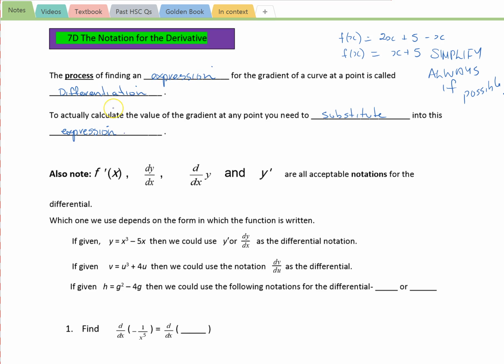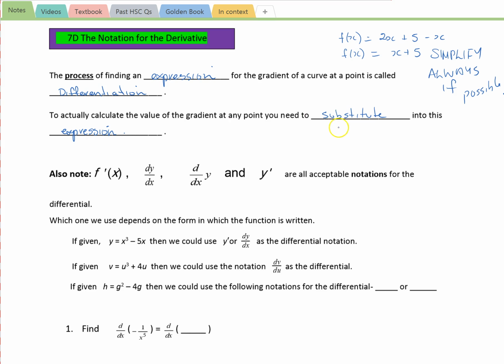And just summarising what we've done so far, the process for finding an expression for the gradient at a point on a curve is called differentiation. To actually calculate the value of the gradient, now they're two different things. You can get an expression for the gradient, or you can be asked to calculate the gradient, find the value of the gradient.